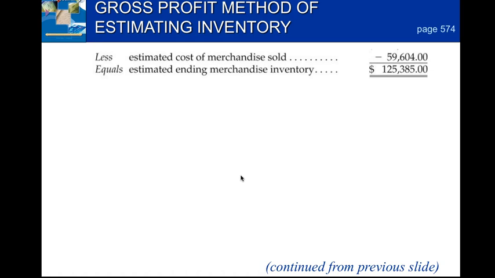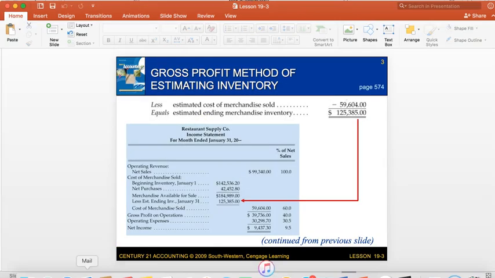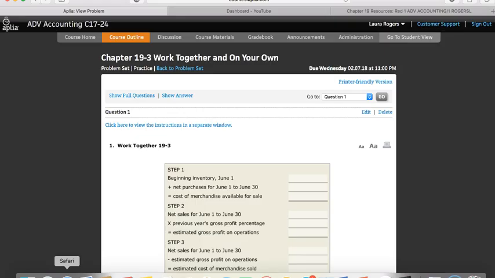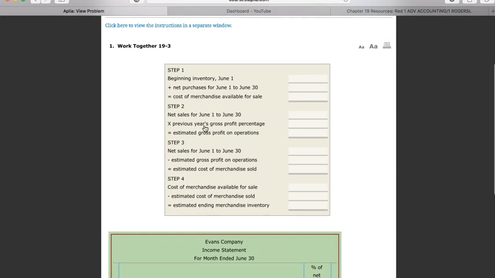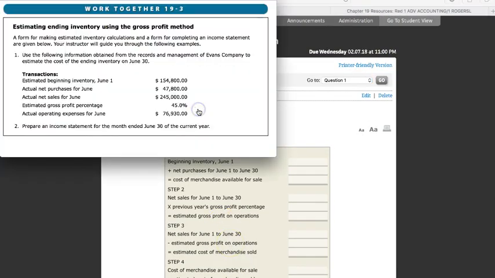Okay, so let's go ahead and go to APLIA. And you guys should open chapter 19.3, work together. And we're just going to do the steps that it takes to fill out our income statement. Here are our instructions. These can also be found on page 576 of your textbook. And we're just going to plug in the numbers, okay?